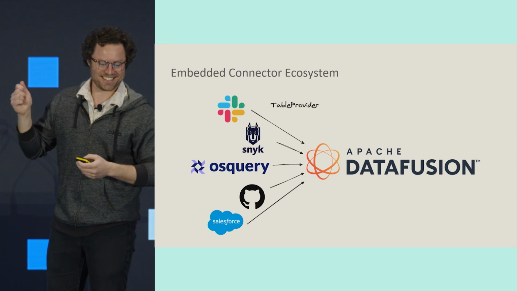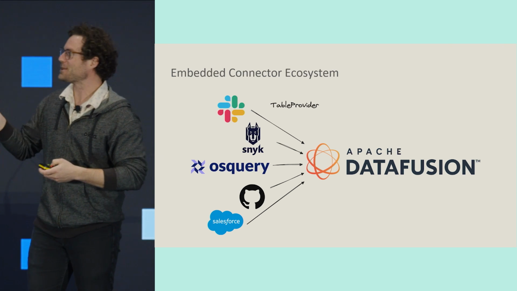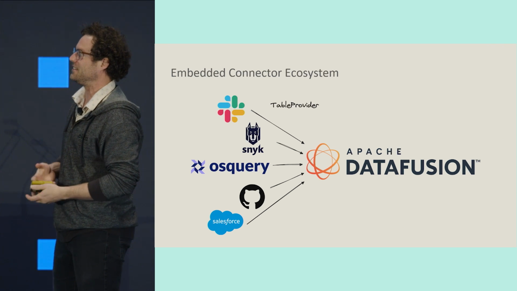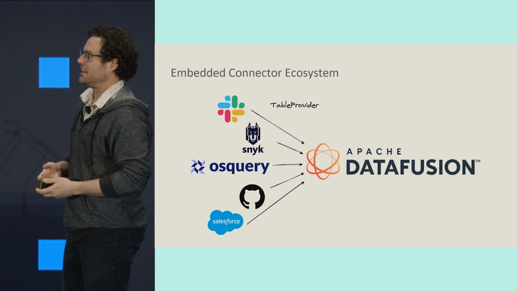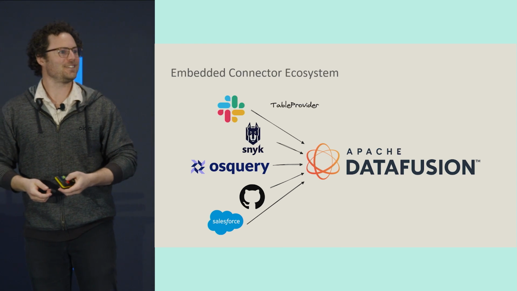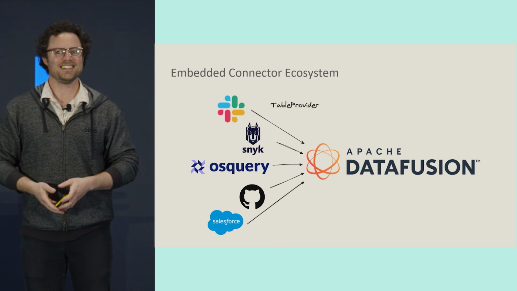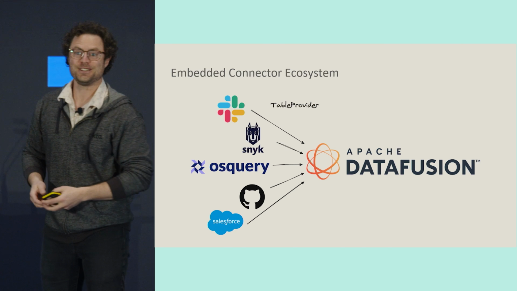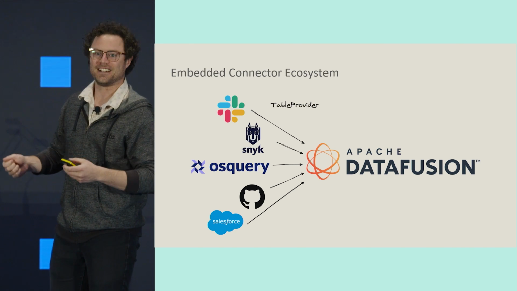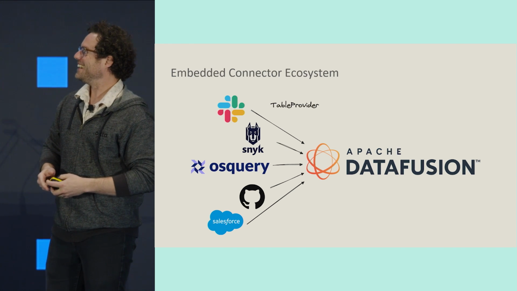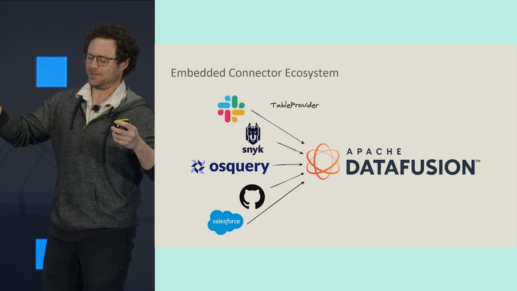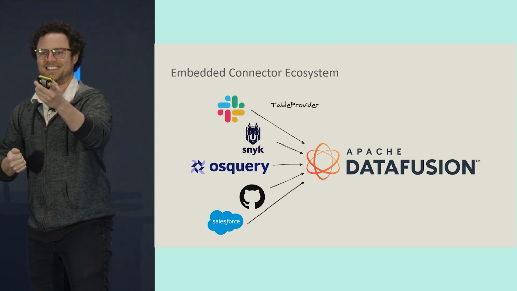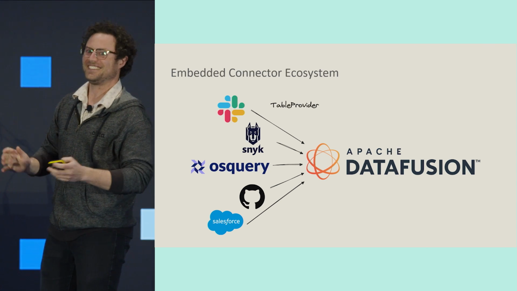DataFusion is amazing. Even more amazing within this is a table provider trait. And I think I saw the DLT people here. Okay, yeah, they're back there. You should do this. I have nightmares of waking up and, man, if I took DataFusion and smashed it together with your stuff, it would be amazing.